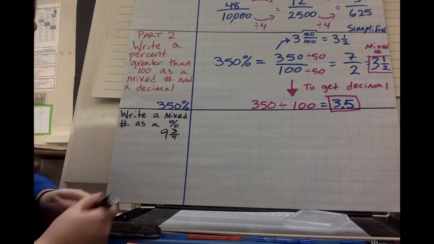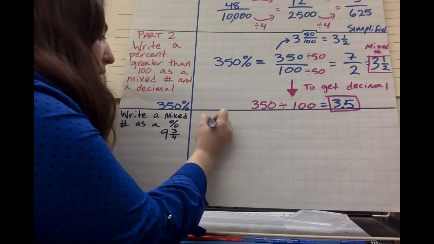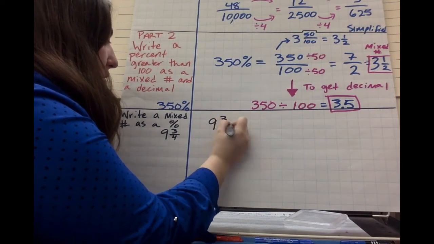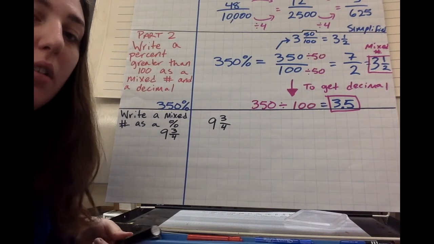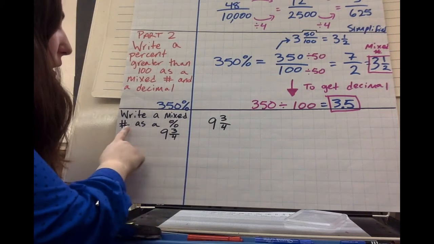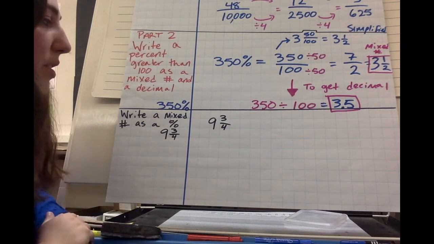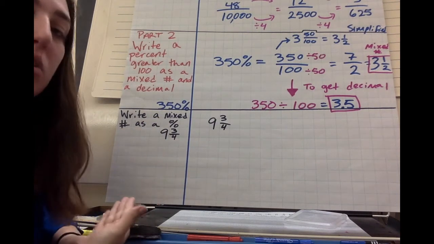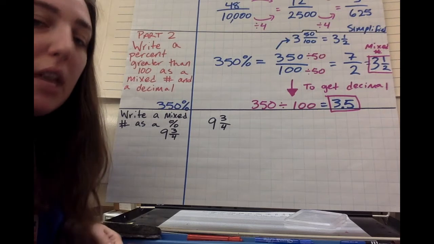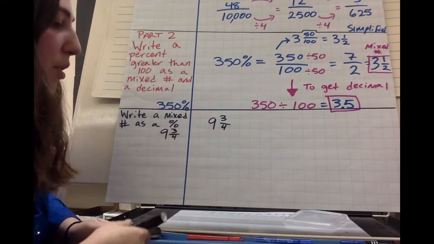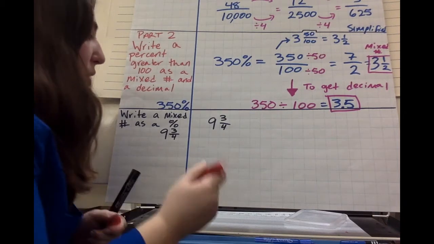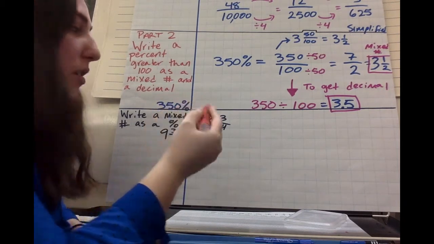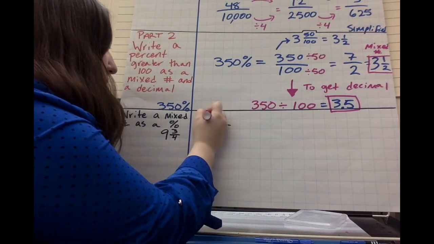First thing we're going to do is rewrite our mixed number over here, 9 and 3/4. In order to get this mixed number into a percent, I want to change it to an improper fraction. I don't want to deal with the mixed number. To do that, I'm going to make that mad face that we've seen before.